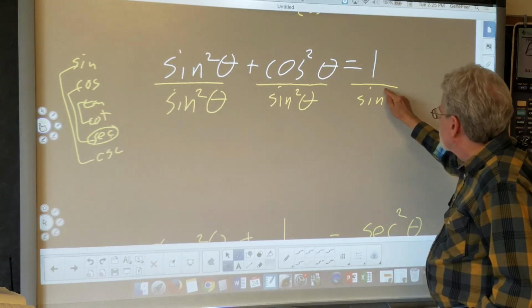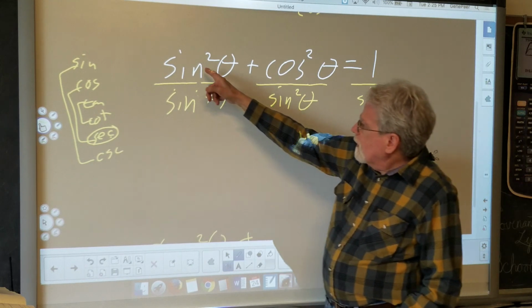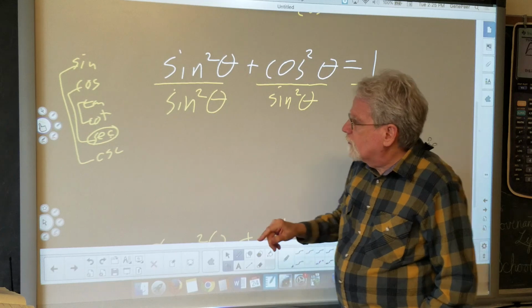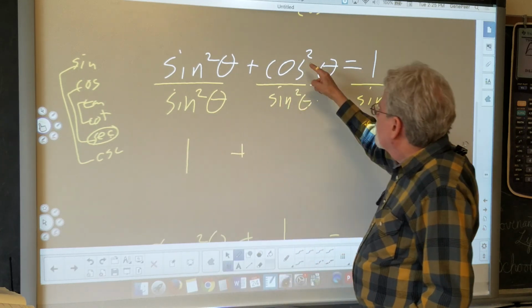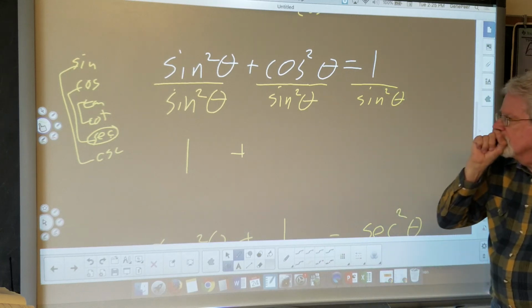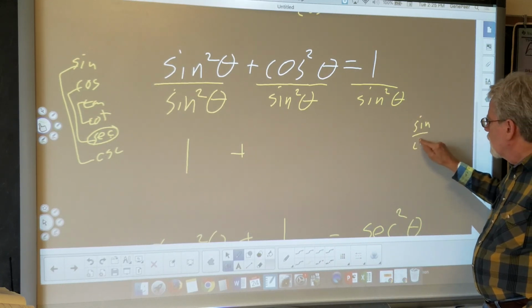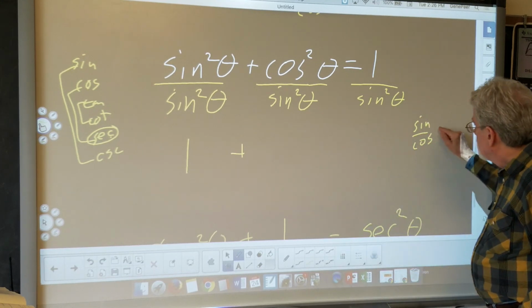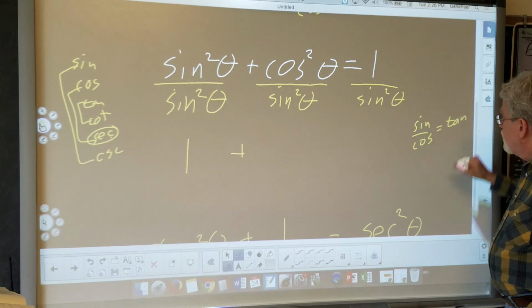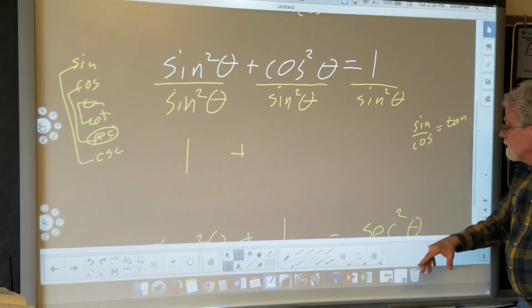Sine squared over sine squared is just going to be 1, plus, what's cosine over sine? We know what sine over cosine is. Sine over cosine is tangent, of course. That's old. That was from last week.